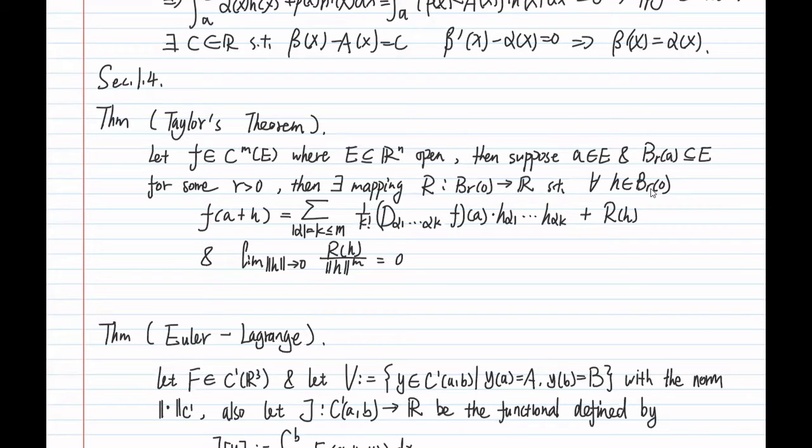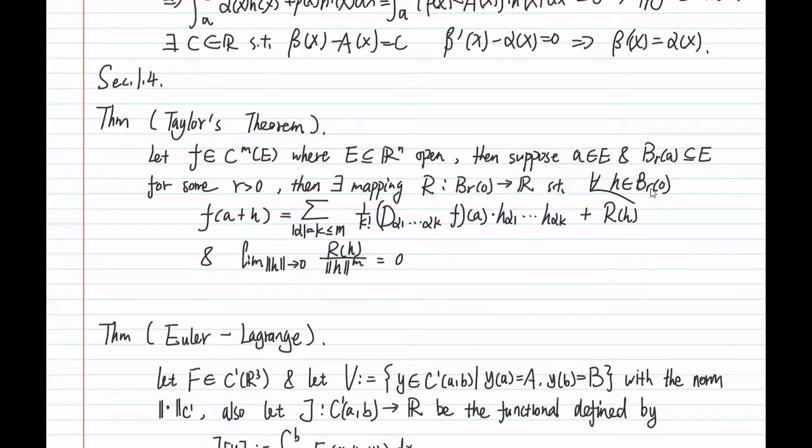Then we can say that for any h inside the ball of radius r centered at 0, obviously a plus h is inside the ball of radius r centered at A. And the function at that point can be estimated by the following equation. That is basically the Taylor polynomial, plus an error term.